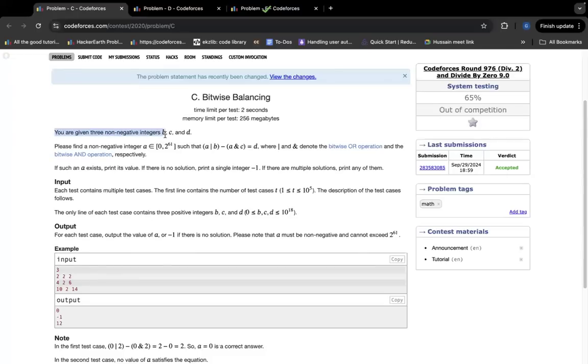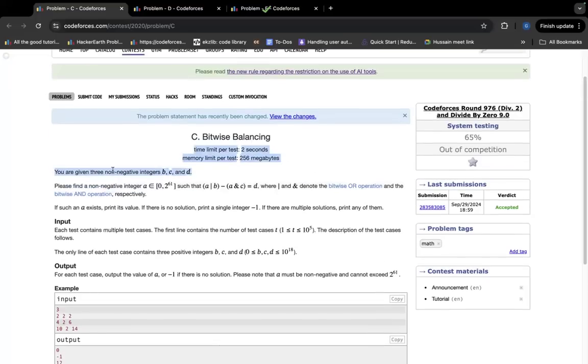You are given 3 non-negative integers B, C, and D. Please find a non-negative integer A in range 0 to 2 raised to 61 such that (A or B) minus (A and C) is equal to D, where this denotes the bitwise OR and this denotes the bitwise AND operation respectively. If such A exists, print its value. If there is no solution, print -1.